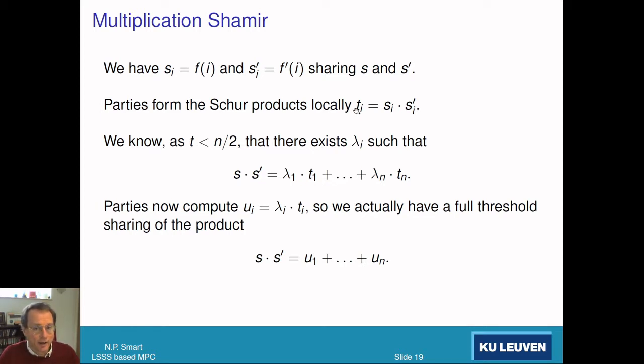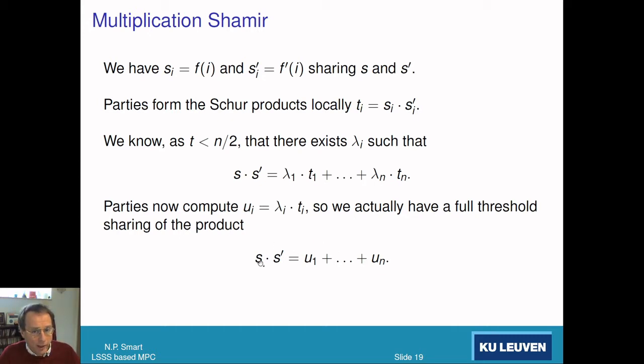Now this t_i, as we saw in the last episode, is the evaluation of the product polynomial. So this is a polynomial of degree 2t. But because it's a polynomial of degree 2t, with Lagrange interpolation we can express the product as a linear combination of these values t_i. So each party sets u_i to be lambda_i times t_i. Lambda_i is public.